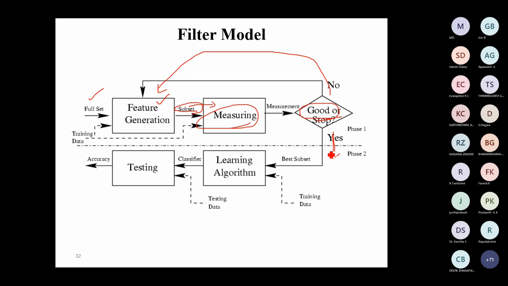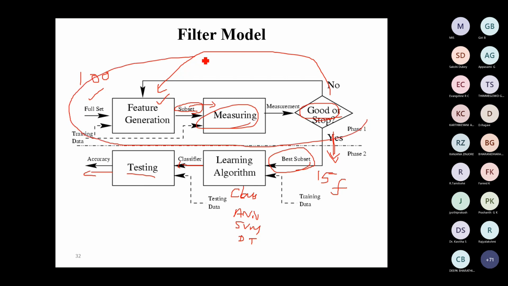Once we get the best subset, we apply a classifier. We can use any classifier: ANN, SVM or decision tree. Let us say we have an initial set of 100 features and after feature selection we got 15 features. Those 15 features will be used for classification. We apply a classifier, test it, and get the accuracy. So this is the filter based model, the top one. After the feature selection, we apply the classification. That is the next part.